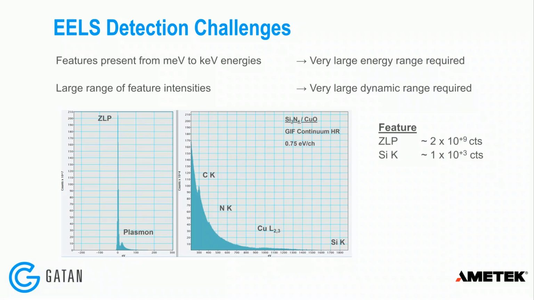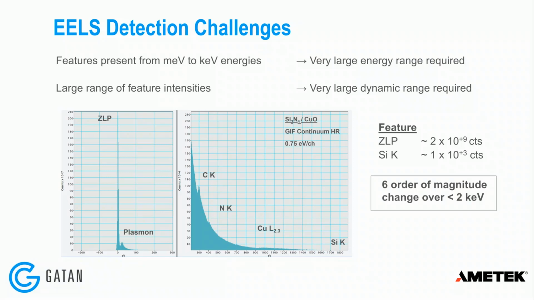This example here is a copper oxide spectrum. The ZLP max intensity here is 2 × 10⁹ counts, and the silicon K intensity is only around 1,000 counts. So even in this spectrum, which isn't over a really big energy range, it's less than 2 keV, we still have a 6 order of magnitude change in intensity.